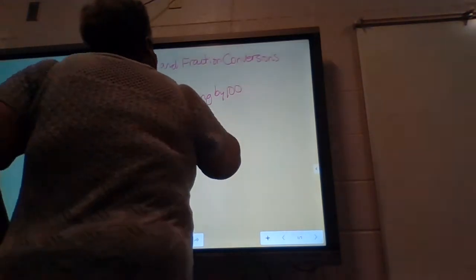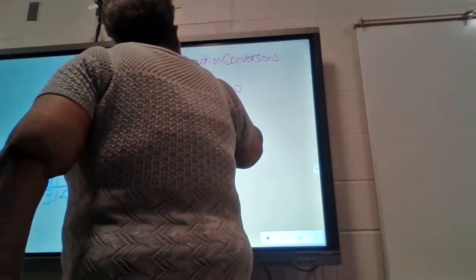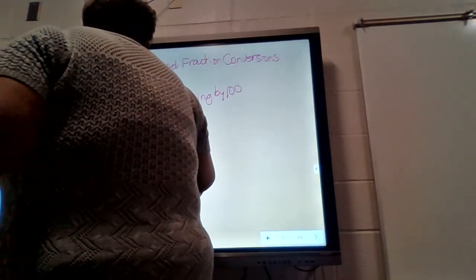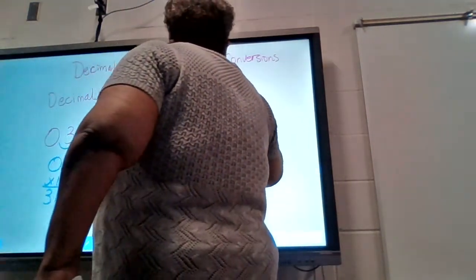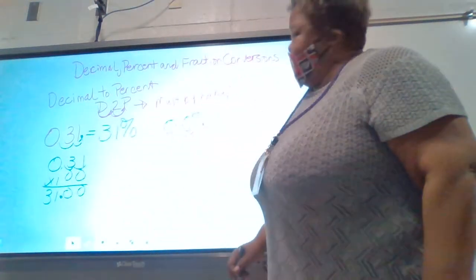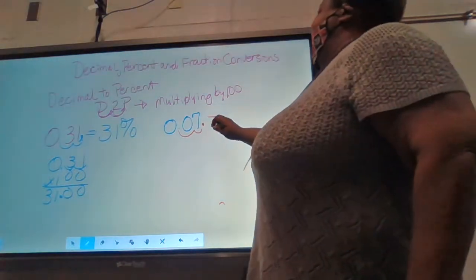Okay? Let's look at a 0.07. Again, we're going to move our decimal 2 places to the right. And I'm standing in front of it. And that's going to give us 7%.